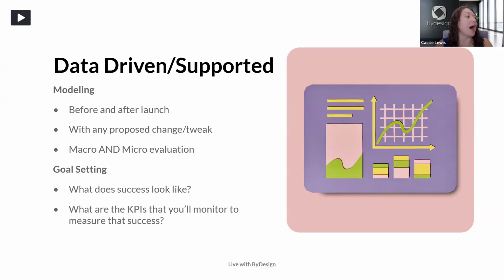Again, another great thing I love about our software is that you can actually tweak your comp plan and run it against past periods to see what the change would have done to your payouts.